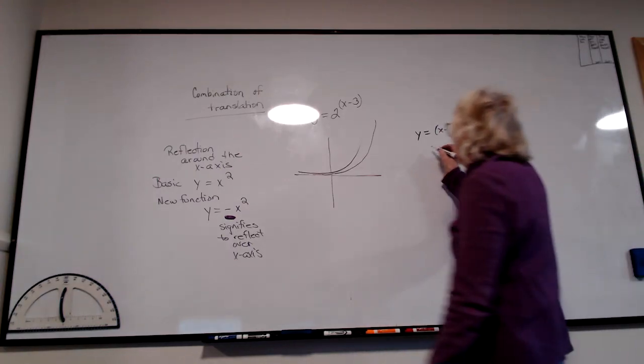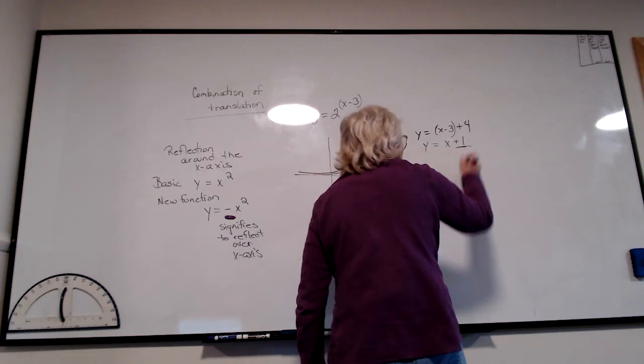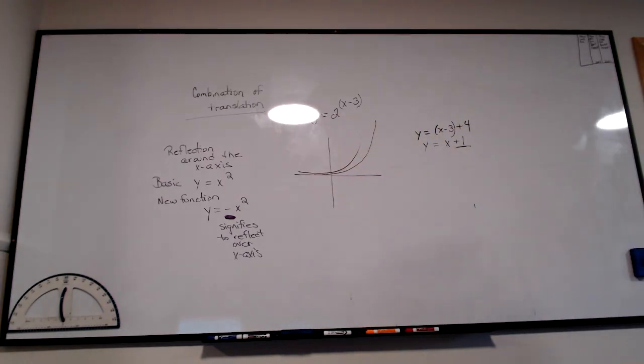But usually what we would write instead is y equals x plus 1. It really does the same thing as moving it up 1. Because if I move it up 4 and to the right 3, that's the same as moving it 1 up. Okay, which is kind of a weird thought. You can try it on your paper and see.